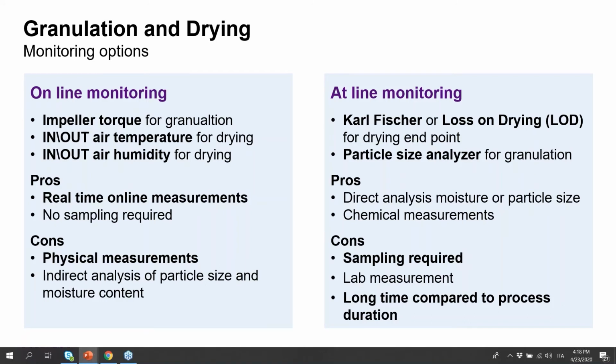If we want to measure the chemical entity, we need to take a sample, make a Karl Fischer or a loss on drying with a thermobalance, or eventually we can measure the particle size with a particle size analyzer. But in this case, we have removed a sample from the process, so sampling is required.